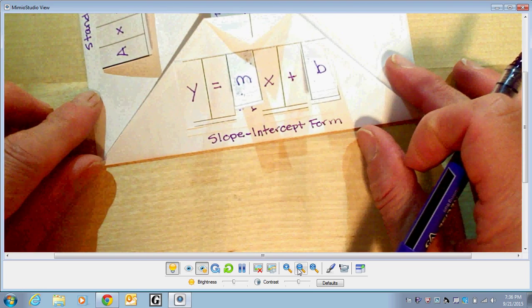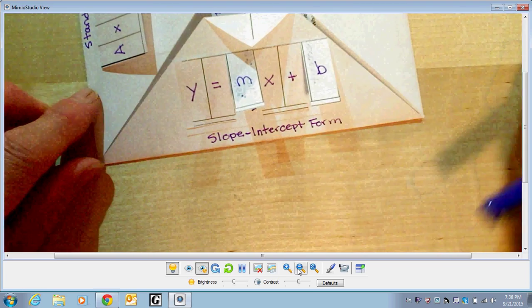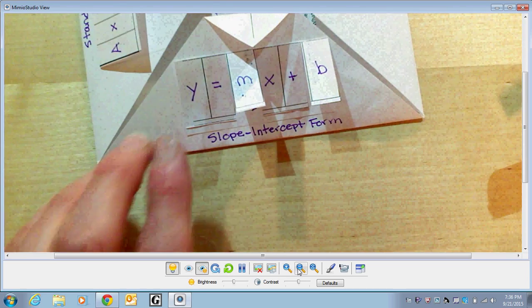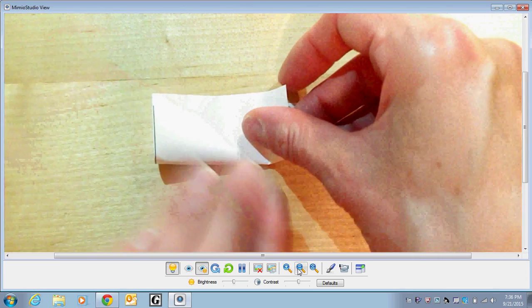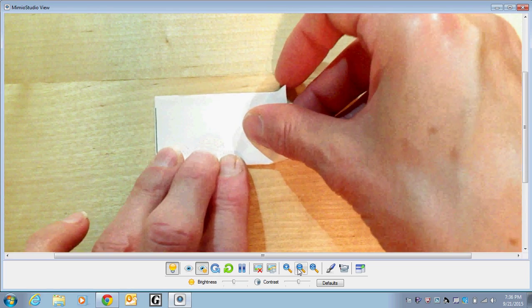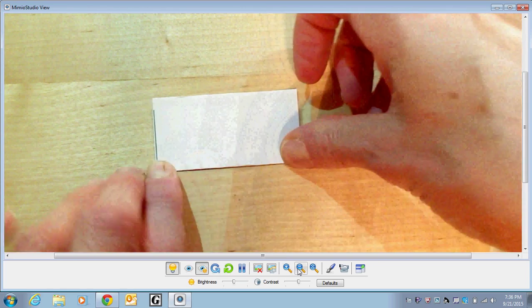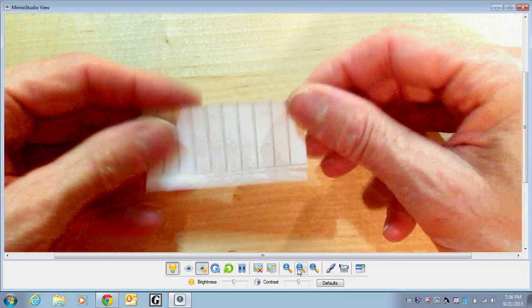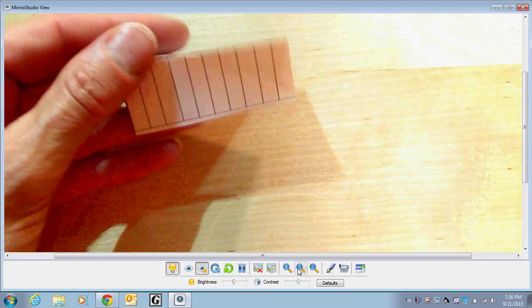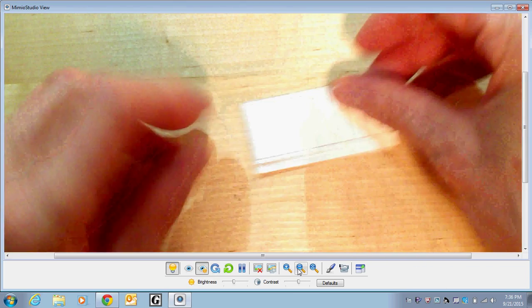Okay? So the last form that we're going to look at, and some of you may know what it's called, is the one with all these little tabbies. So again, we're going to go ahead and we're going to fold that down like so. And we're going to cut each of the, oh, sorry, before we cut, let's write what's in here.